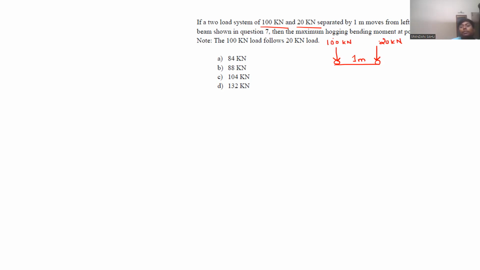This is the setup. Now what they are saying is we have to calculate the maximum bending moment at point E.